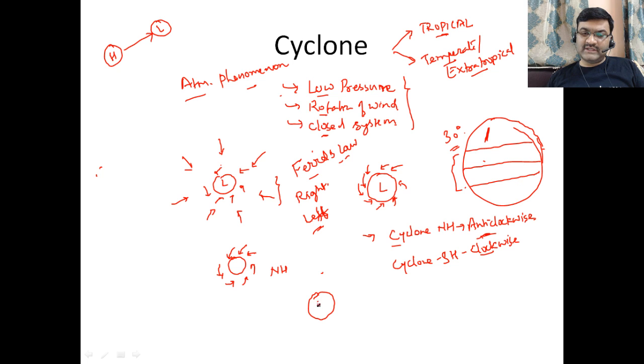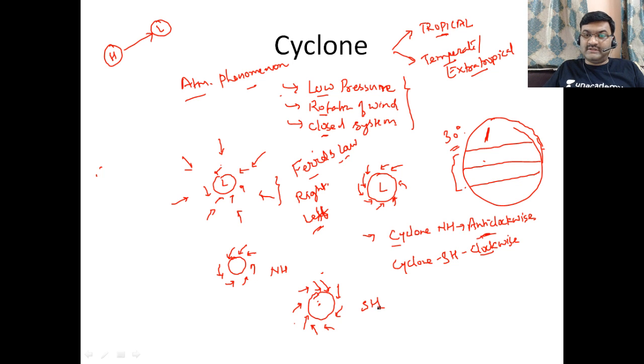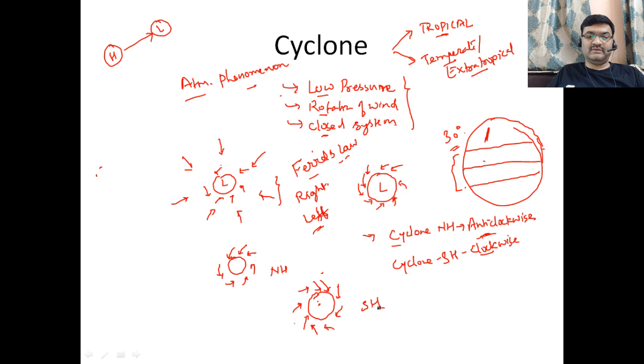If the cyclone is in the southern hemisphere, the winds are rotated in this way, right? So this is in the southern hemisphere. Is it clear this part? So what is a cyclone, and how this cyclone differs in the northern and southern hemisphere? Are you following all this?